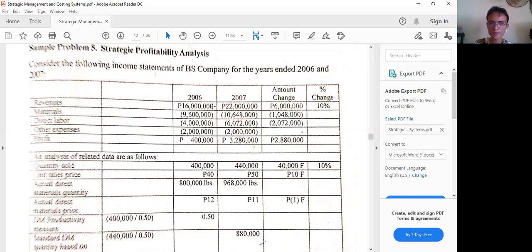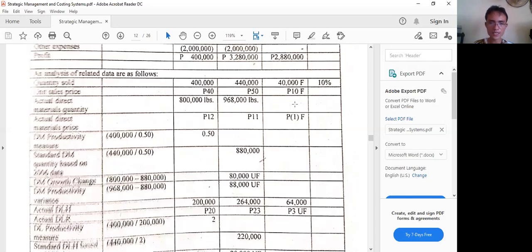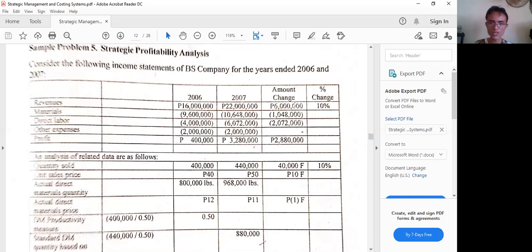So 22 minus 16 is 6. And then that's 6 divided by 16. If you can actually divide that, if you are having your calculators with you. So that's going to be a different amount, but then it is shown here that the percentage of change is 10%. All right, so that's 10% being shown to us.